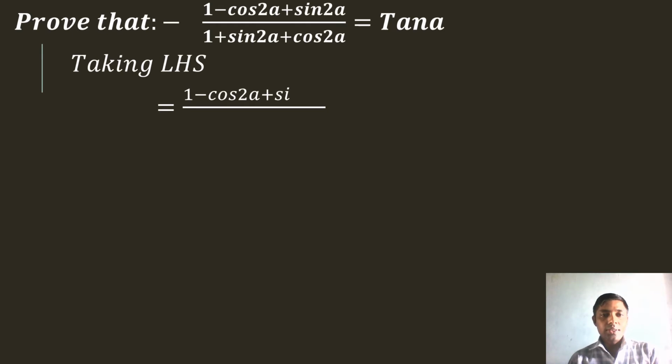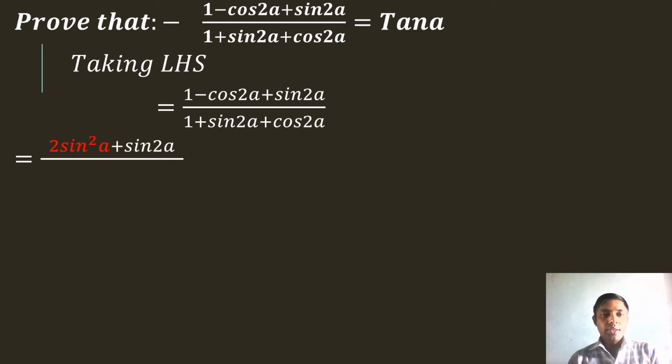So we are taking the LHS, then we can apply the formulas we have used in previous problems. In place of 1 minus cos 2A we can use 2 sin²A, and in the same way in the denominator we arrange 1 plus cos 2A and sin 2A, so that it will be easy to take common.